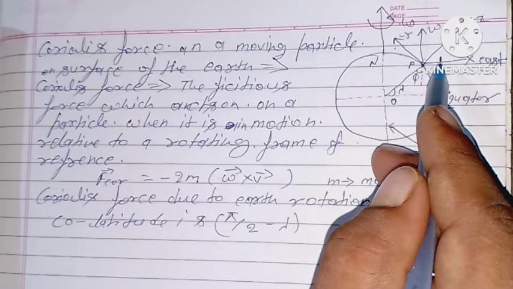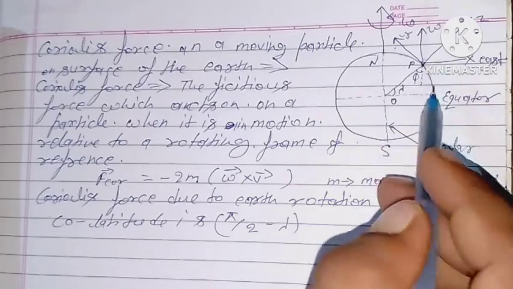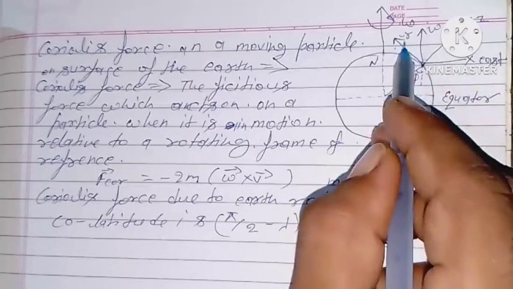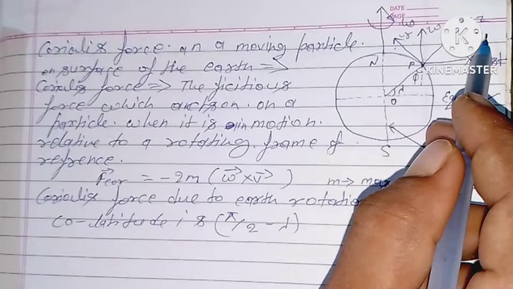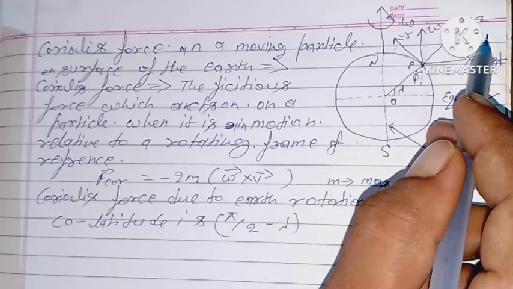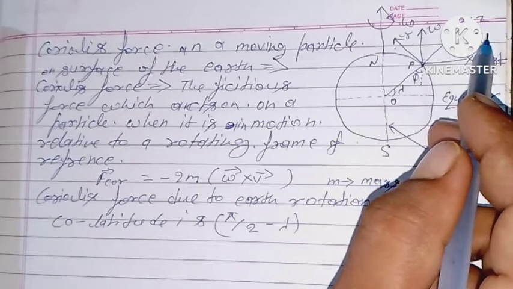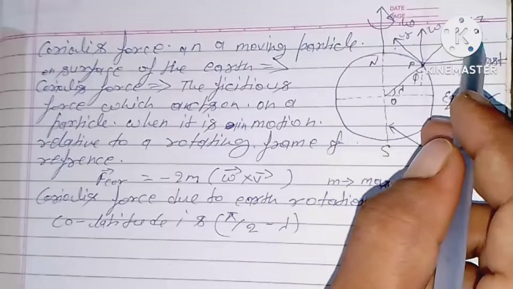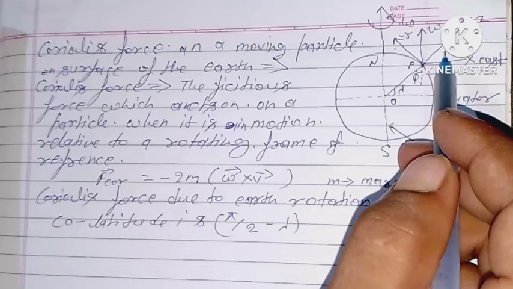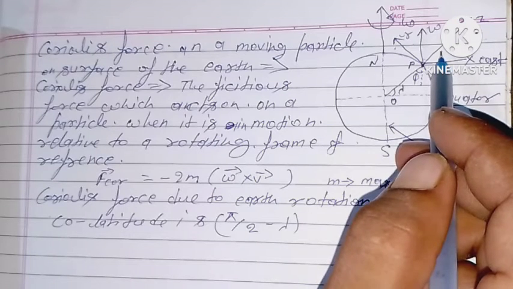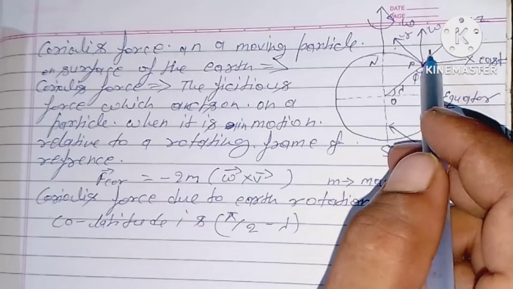The angular velocity vector lies in the yz plane, in a direction parallel to the polar axis about which the earth rotates. The vector omega therefore has no component along the x-axis.